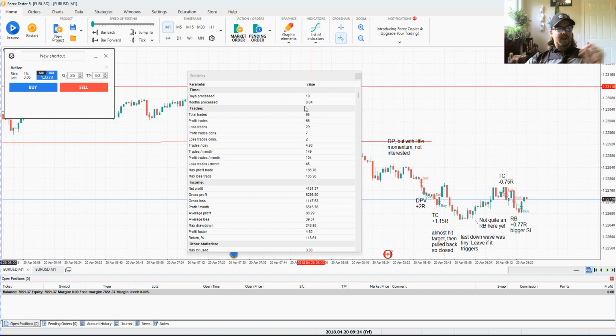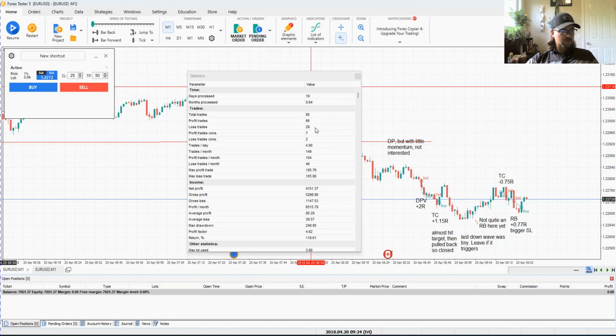So I've actually only traded 12 days out of these 19 that it's processed through, because it's, again, going to include weekends. So I've traded about a little over half of the month, right? There's typically 20 trading days in a month, and I've traded 12, so a little bit more than half. So that's what this statistic is saying.